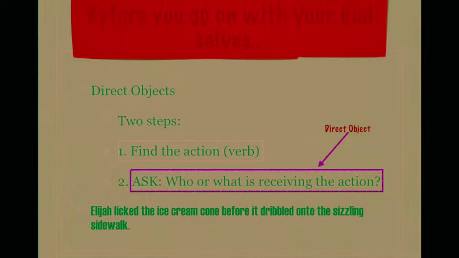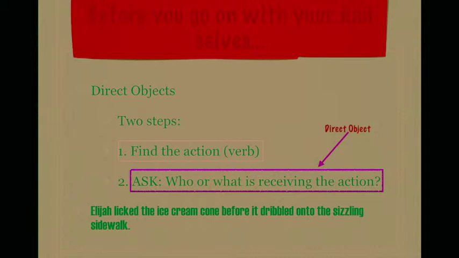Okay, so let's read the sentence below. Elijah licked the ice cream cone before it dribbled onto the sizzling sidewalk. First you need to find the action. So what is the verb in the sentence? Give it a second. Once you find the verb, you need to ask the question, who or what is receiving the action?